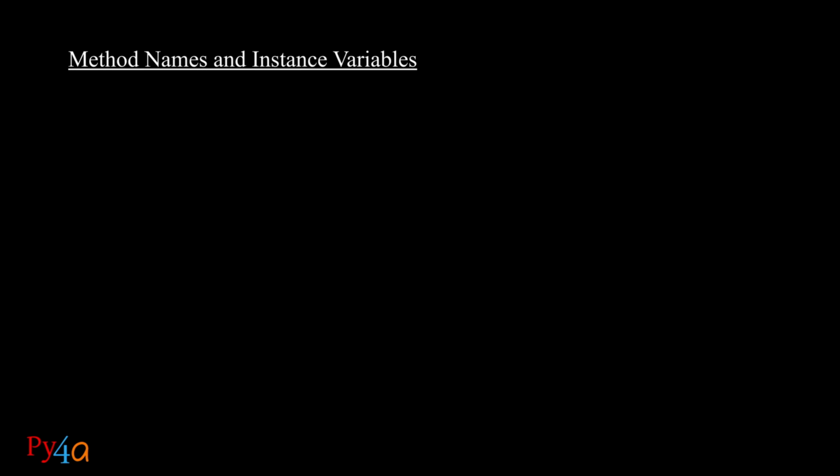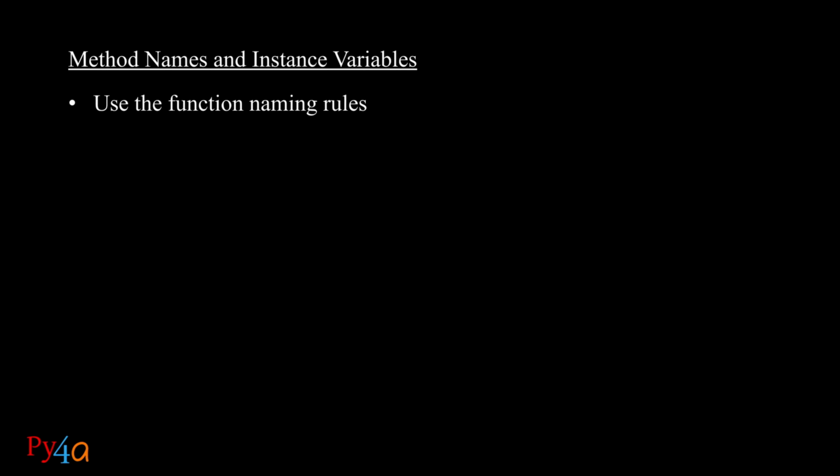Method names and instance variables. Use the function naming rules. You will have a better understanding of method names and instance variables when we get to object-oriented programming and we talk about classes. So when defining method names and instance variables in a class, follow the function naming rules.